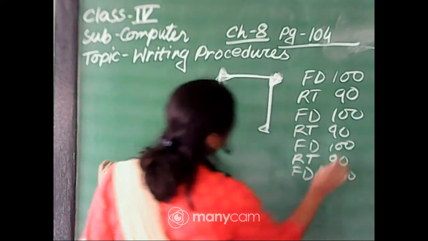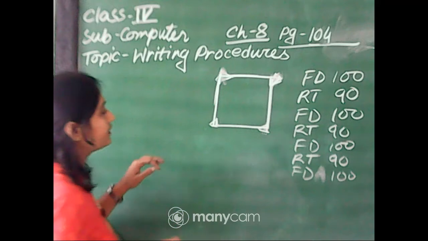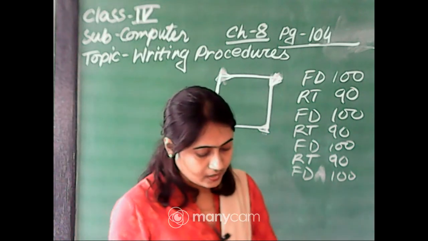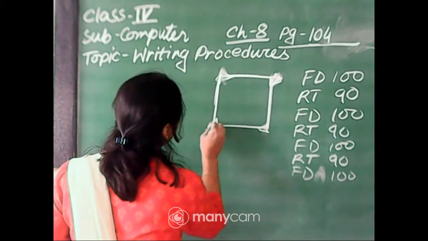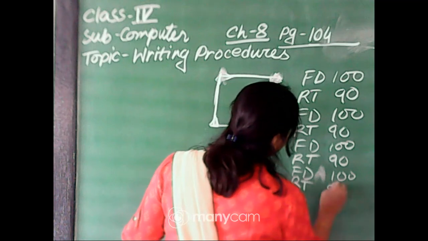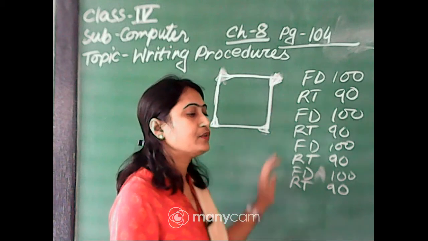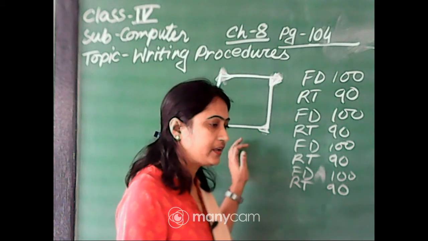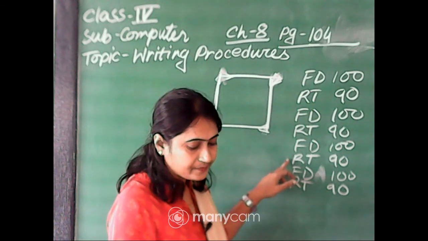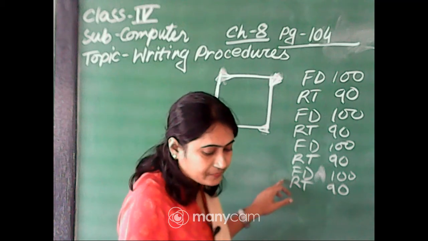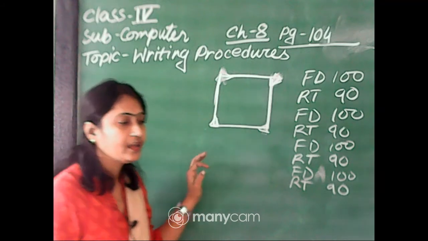That means you have to use this command if you want to draw a square in Logo: FD 100, RT 90, FD 100, RT 90, FD 100, RT 90, FD 100 and RT 90. You use FD 100 and RT 90 four times.